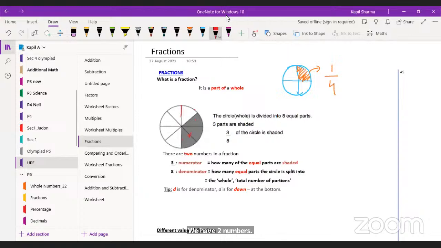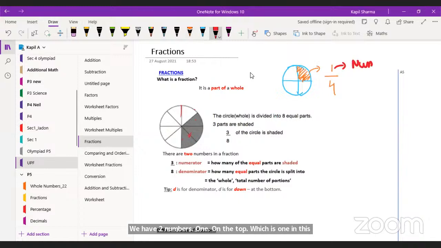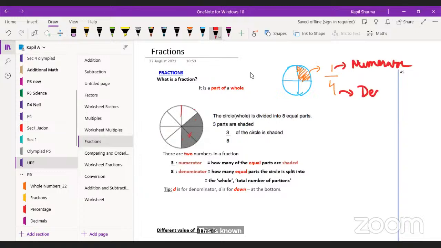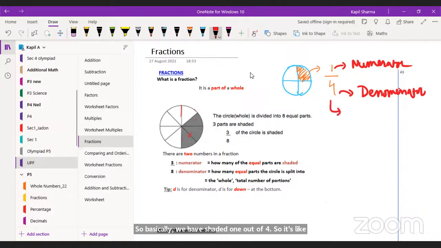One on the top, which is 1 in this case, is known as the numerator. And the other one at the bottom is known as the denominator. So basically, we have shaded 1 out of 4. So it's like 1 upon 4, or it's also known as a quarter.